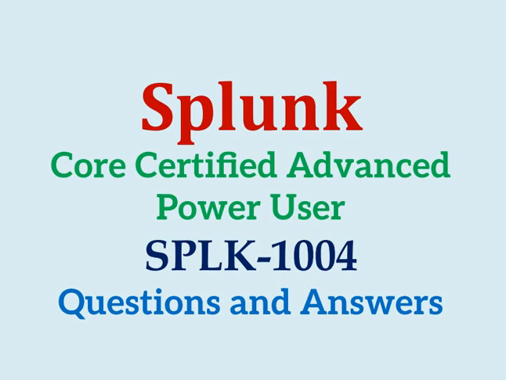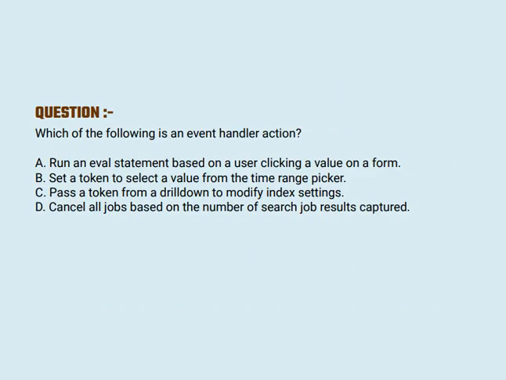Today's question is, which of the following is an event handler action? Option A, run an eval statement based on a user clicking a value on a form. Option B, set a token to select a value from the time range picker.